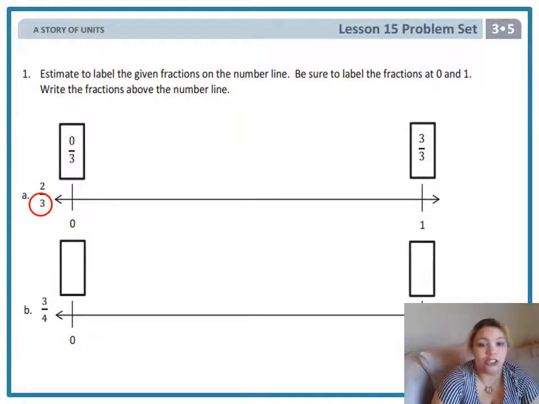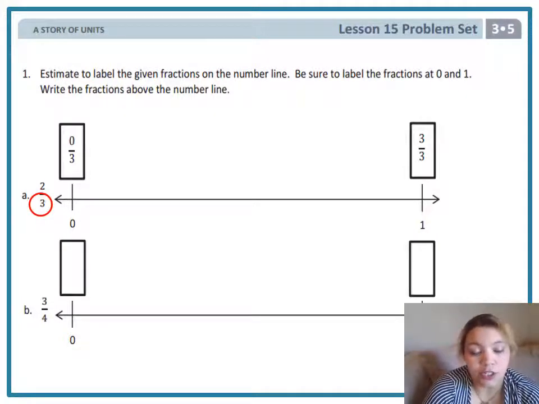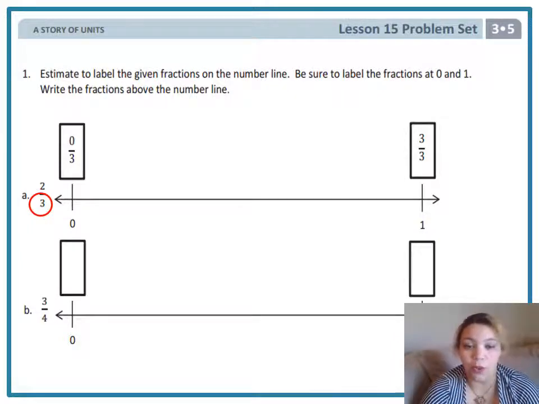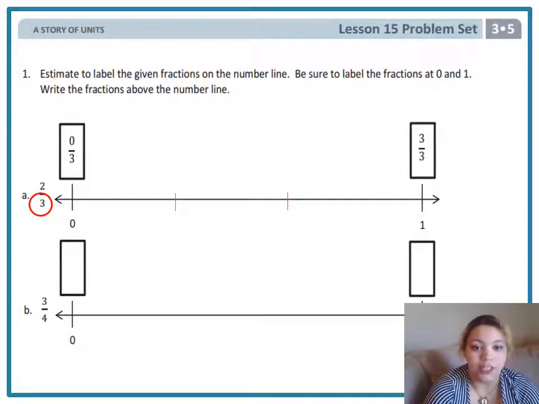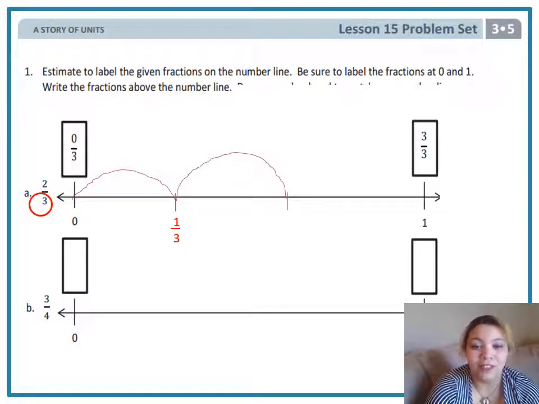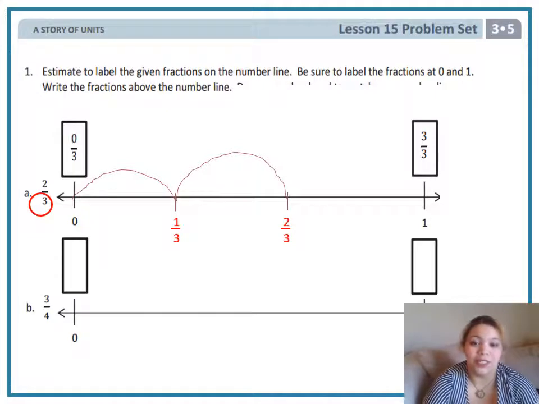In this case, our denominator is 3, so let's break this one whole into 3 equal parts. Now we can label our number line. We have 1/3, and then 2/3 by counting the hops, which is the number we wanted to stop at.